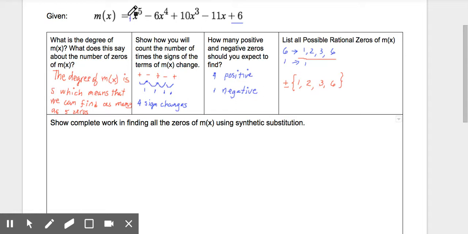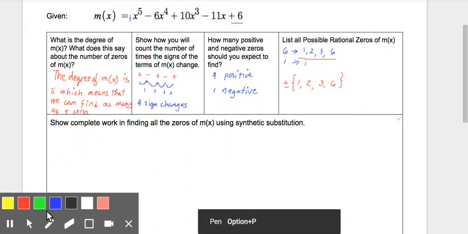So we are going to take the coefficients here. We start off with 1 for x to the 5th, then negative 6 for x to the 4th, and then positive 10 for x cubed. Notice that there is no x squared, so we're going to take 0 for x squared, and then negative 11 for x, and then 6 for the constant term.